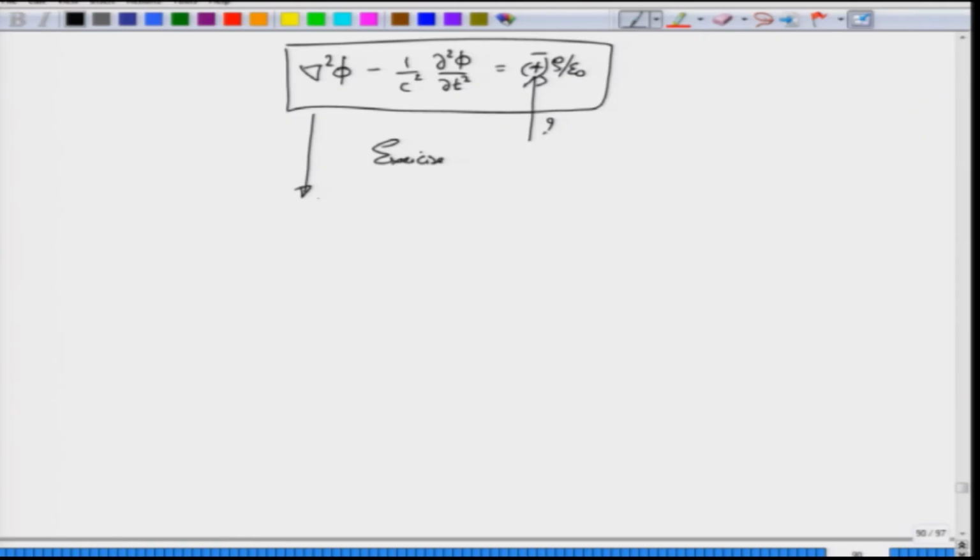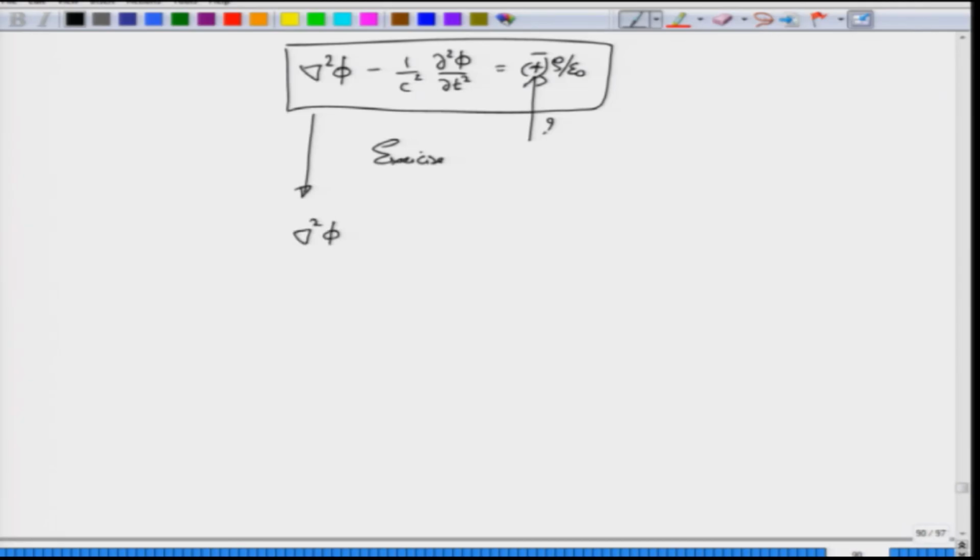This means that it is possible for us to think of a sinusoidal excitation of the current distribution as well as the charge distribution, therefore leading to a sinusoidal distribution for the magnetic vector potential as well as for the electric scalar potential, meaning that I can use the phasor ideas and convert all these time quantities into frequency quantities. So, if I do that, what do I get?